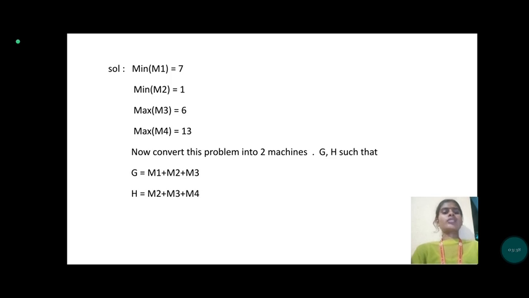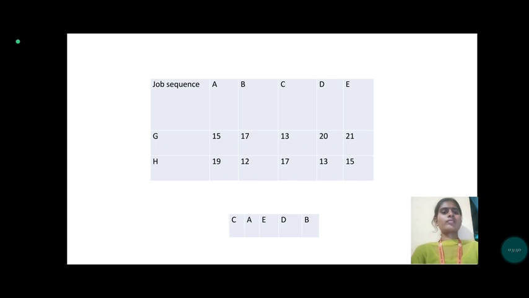Now we have to convert this problem into two machines G and H such that G is equal to M1 plus M2 plus M3 and H is equal to M2 plus M3 plus M4. We have a job sequencing A, B, C, D, E. For that, G: 15, 17, 13, 20, 21 and H: 19, 12, 17, 13, 15.